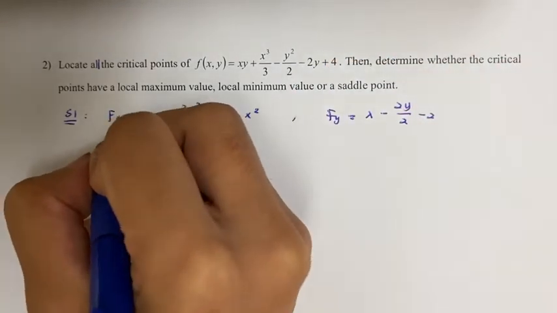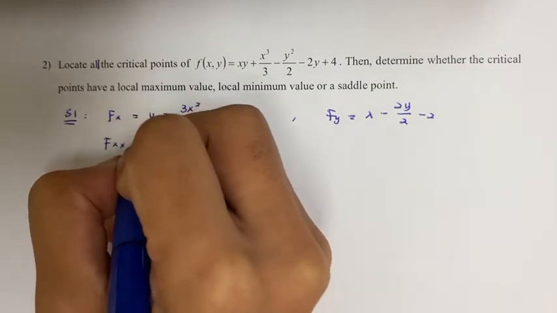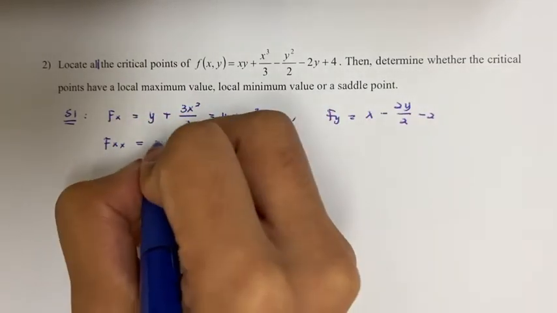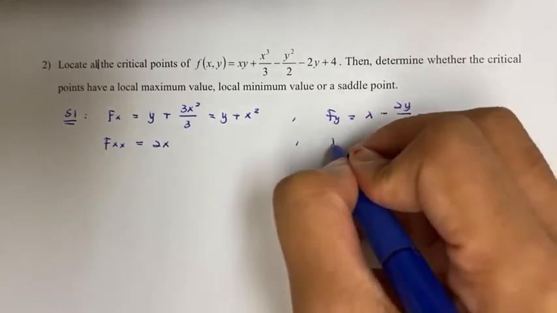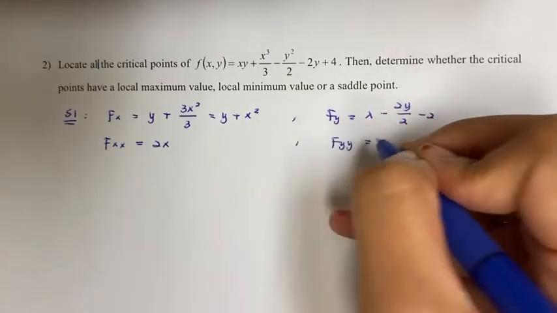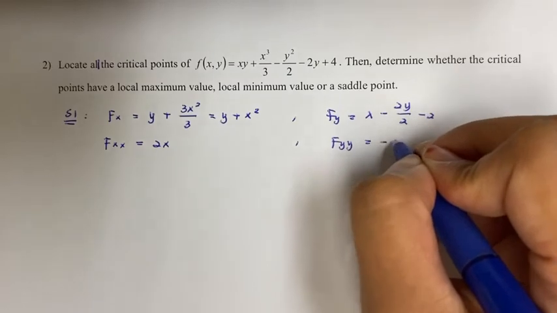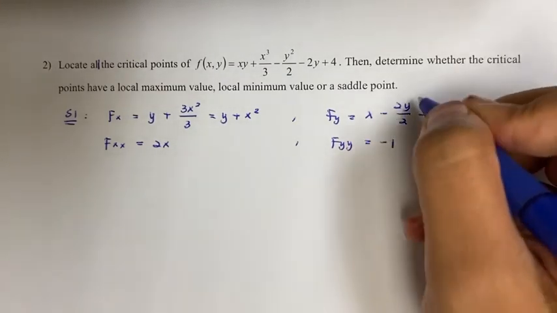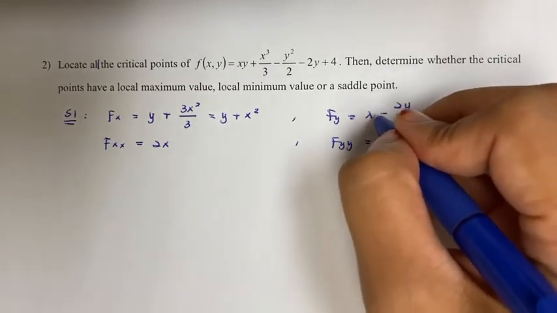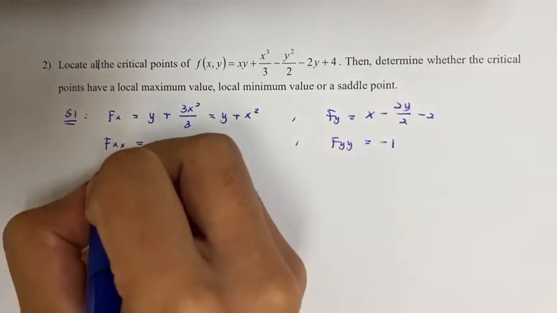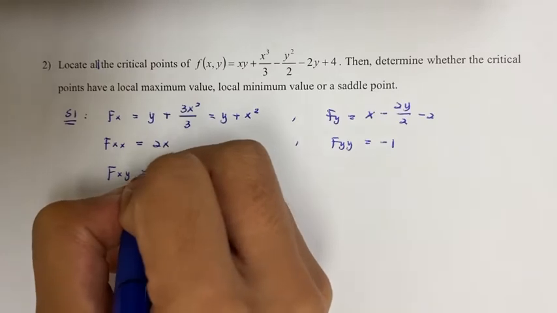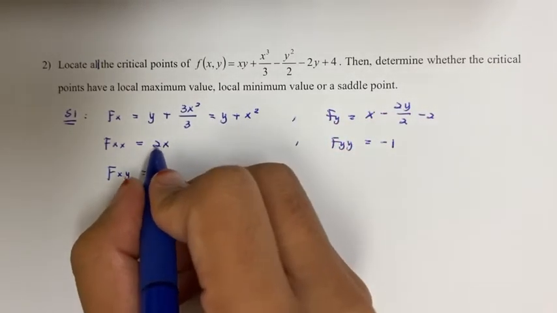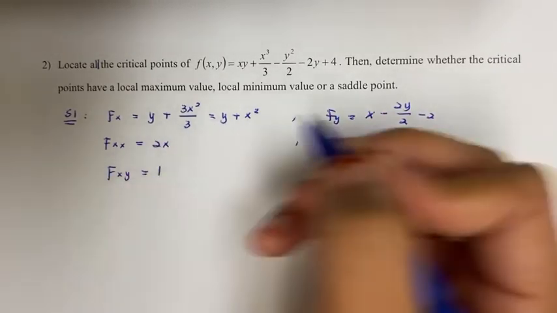Then from fx, we find fxx. fxx is equal to 2x, and then fyy is equal to minus 1. Next, we find fxy. For fxy, we have 1.